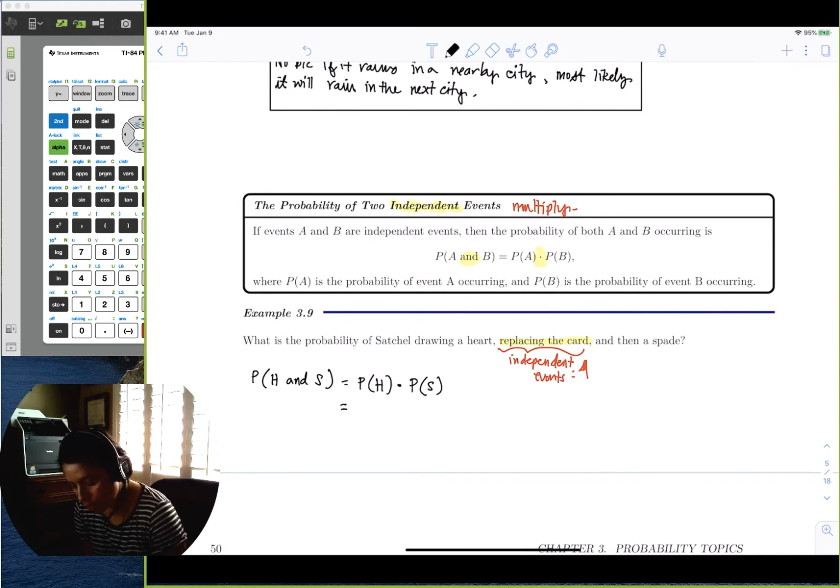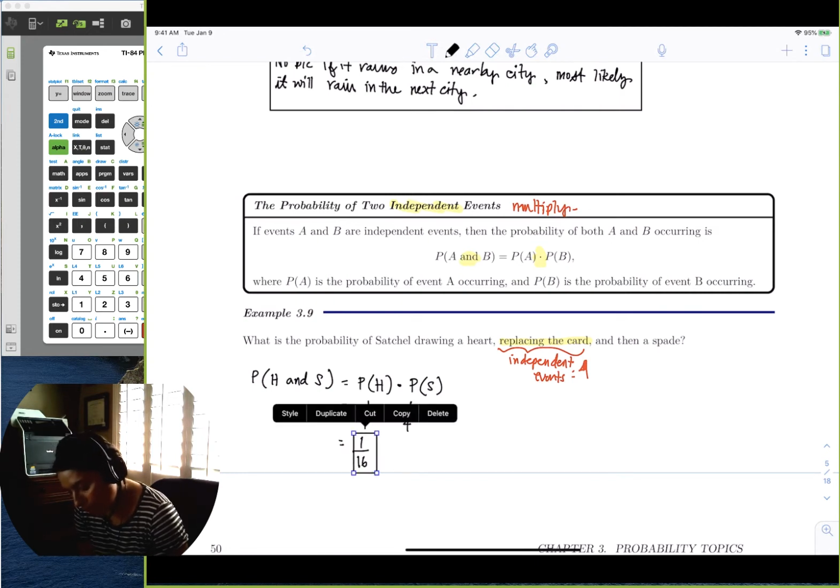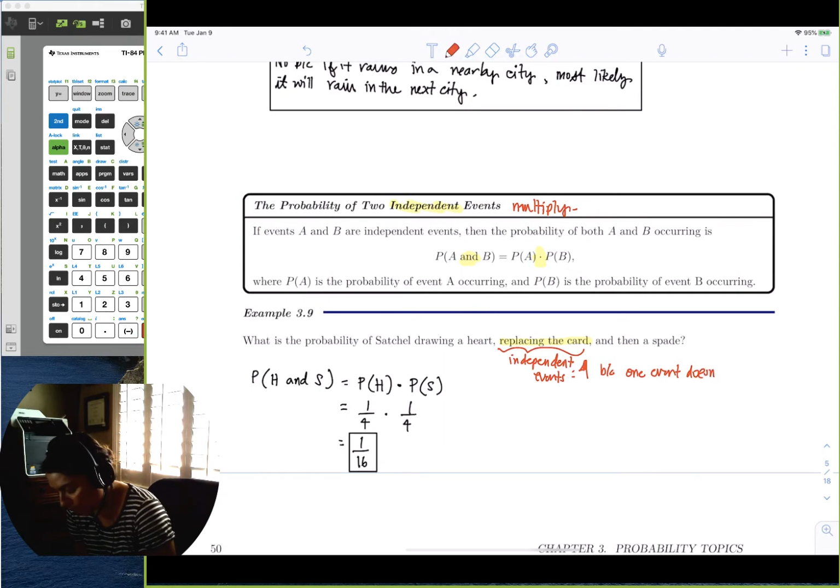The probability of drawing a heart we already know is 1/4 from a previous example, and the spade is 1/4, so it'll be 1/16. These are independent events because one event doesn't affect the second.